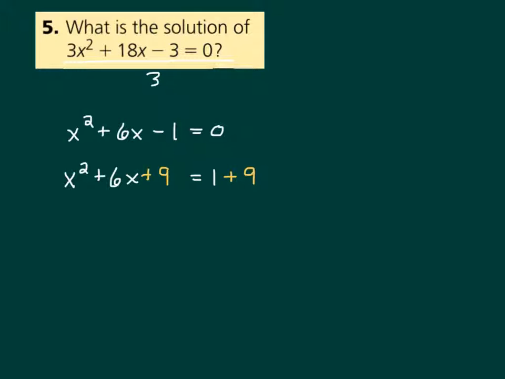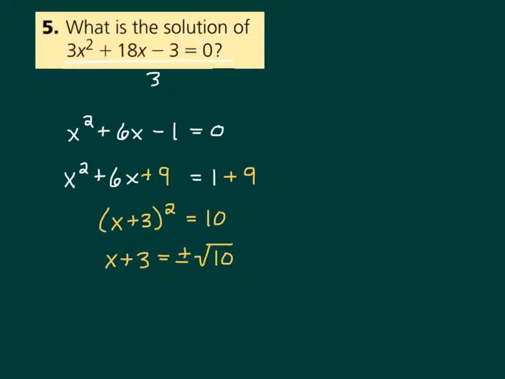So then on the left, this factors as x plus 3 squared. The right side is 10. What do I do at that point? So again, we complete the square so that all we have to do to solve is take a square root. And when we take the square root of each side here, it is going to be plus or minus the square root of 10.